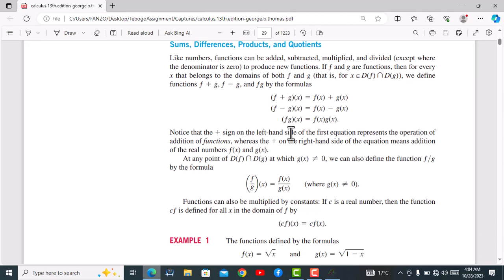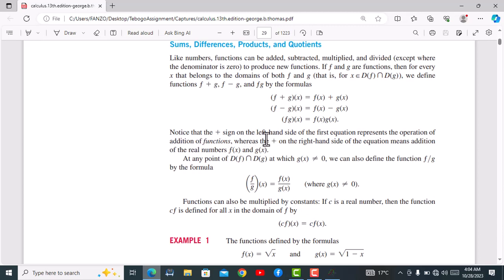They said to us now, notice that the plus sign on the left hand side of the first equation represents the operation of addition of functions. Here it is.